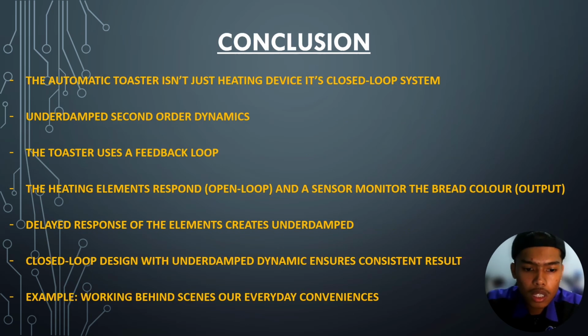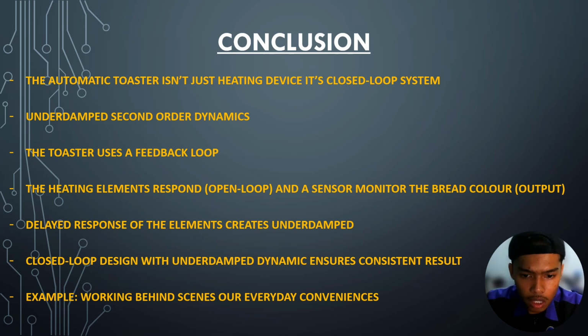So the conclusion is that we can conclude the automatic toaster is a heating device in a closed loop system with underdamped second order dynamics. Unlike a simple on-off switch, the toaster is a feedback loop.